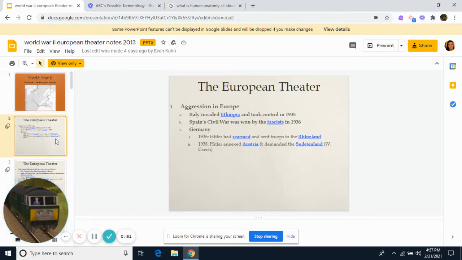The European theater. Aggression in Europe. Italy invaded Ethiopia and took control in 1945. Spain's civil war was won by the fascists in 1946.